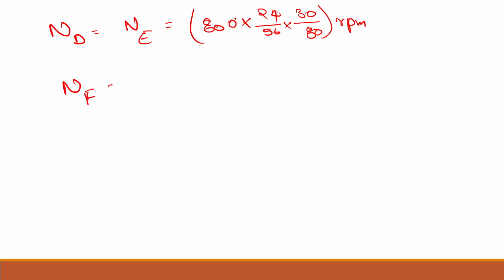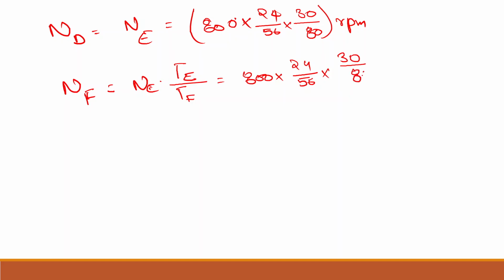NF is equal to NE into TE upon TF is equal to 800 into 24 into 56 into 56 into 30 into 80 into 32 upon 72. By solving this we get the value of 400 upon 7 rpm.